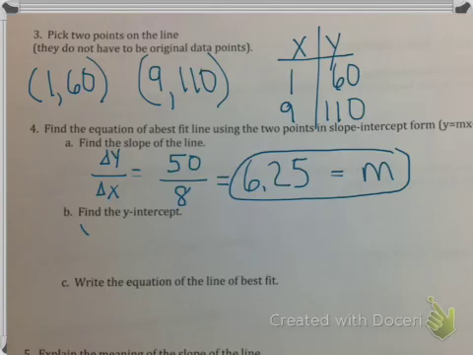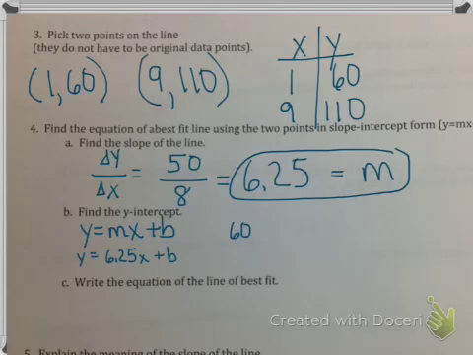So we're going to reference this again later for question number 5, but the slope is 6.25. So that means it kind of increases at an average of 6.25. So moving on to B, now we need to find the y-intercept, which means we actually have to find the value for b. So we're going to use our formula, y equals mx plus b, and we plug in our m, so it's y equals 6.25 times x plus b.